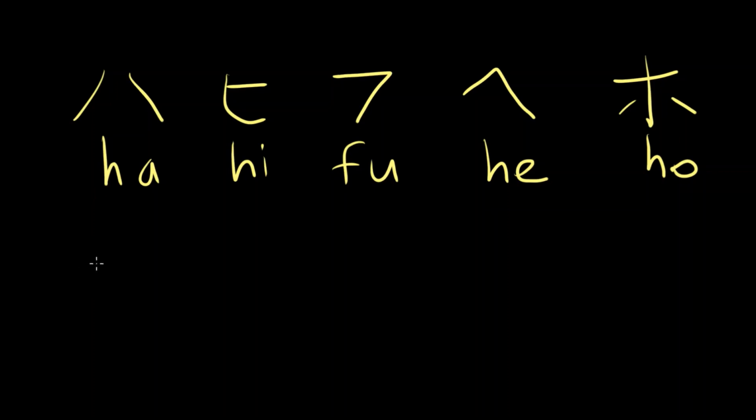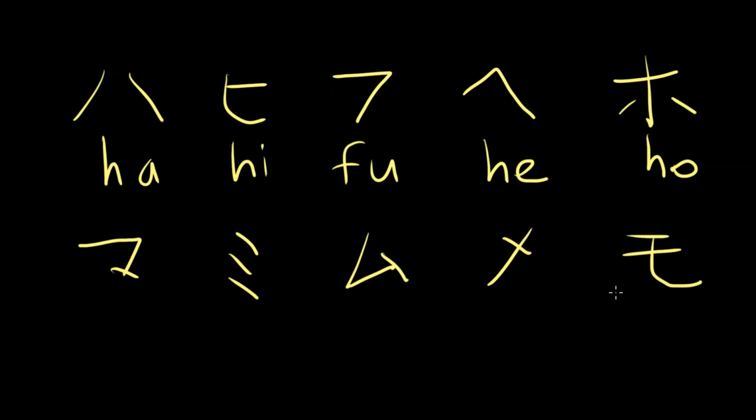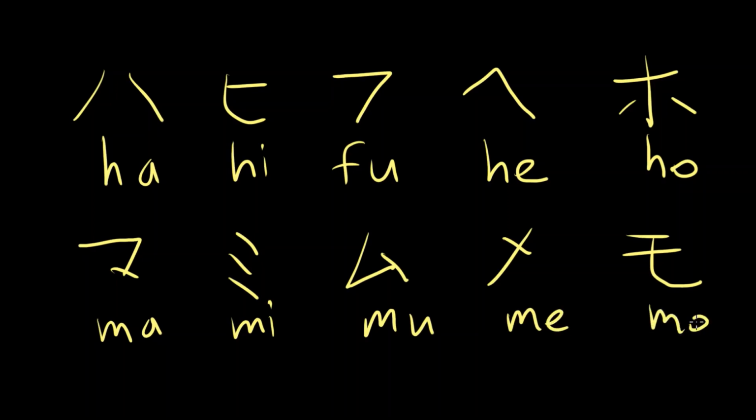Okay, and then after that is the ma line. Ma, mi, mu, me, mo. Katakana mo looks very similar to hiragana mo. Hiragana mo is kind of more rounded, but they're very similar. So it adds to the confusion a little bit, doesn't it?